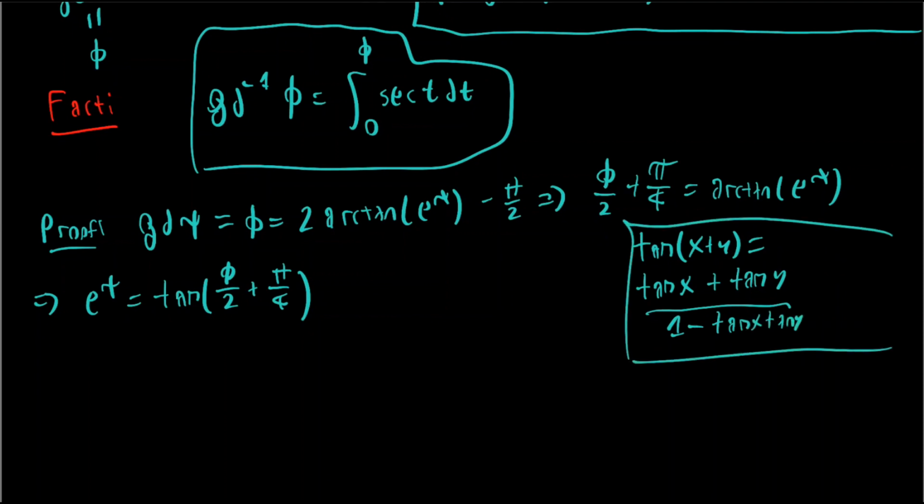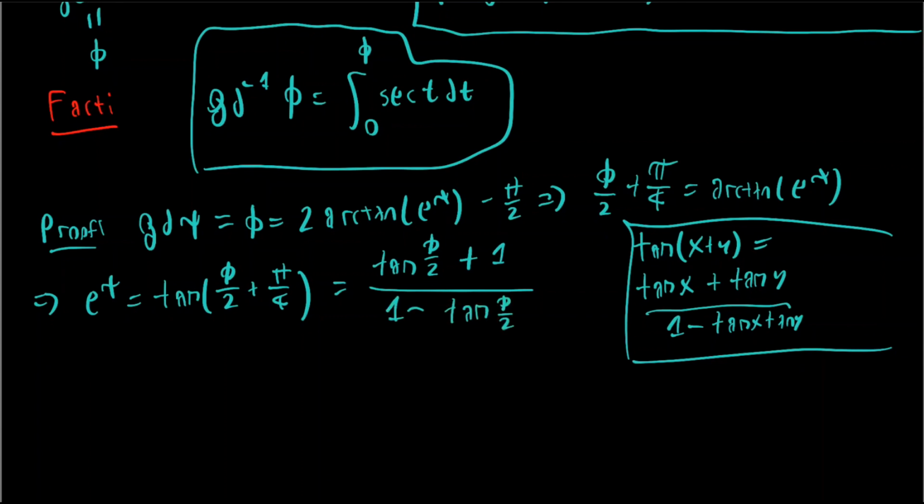And I'll highlight it so it's easier to see. Basically we get the tangent of phi over 2 plus 1, because the tangent of pi over 4 is just 1, all over 1 minus the tangent of phi over 2.